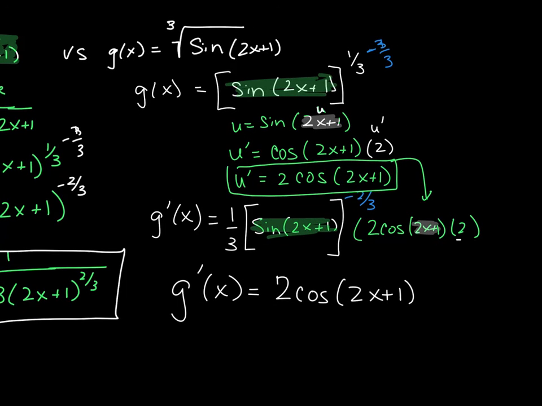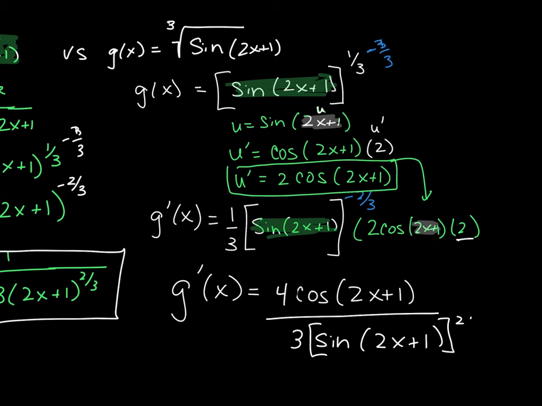Oh, there's another 2 in there, so let's make that not a 2. We're going to make that a 4. And all of that is being divided by 3 times the sine of 2x plus 1, all raised to the 2/3 power.